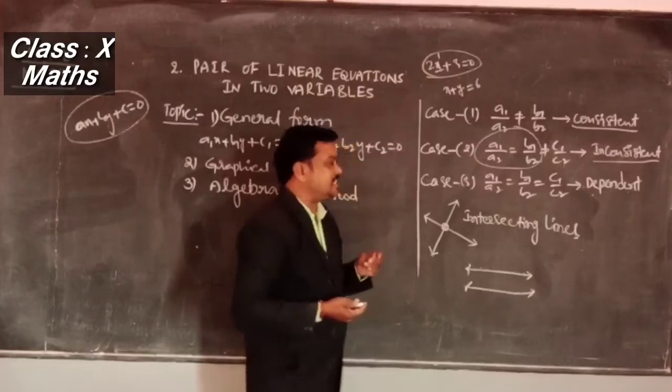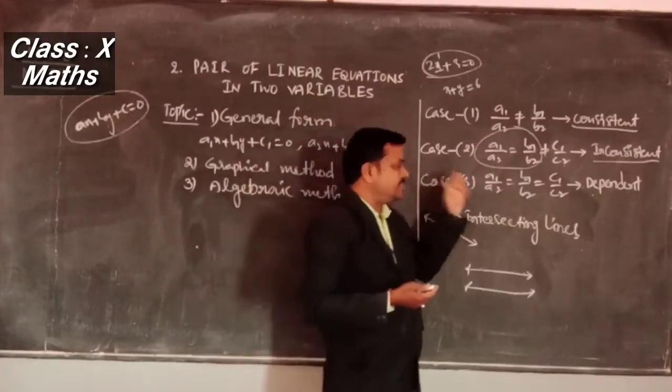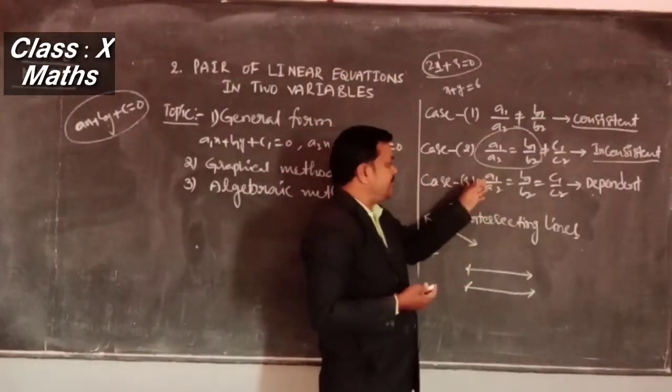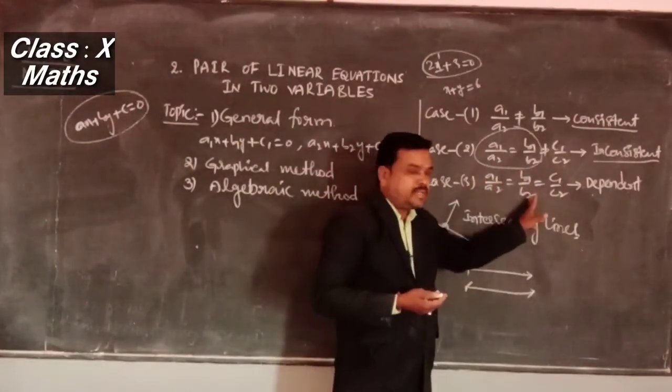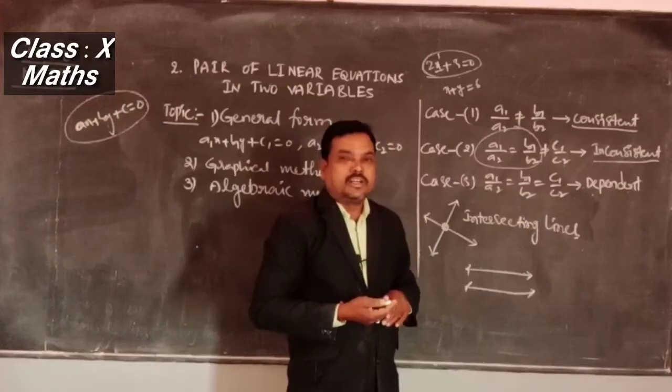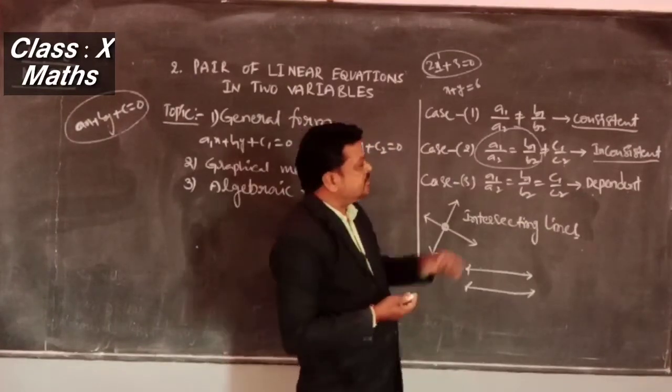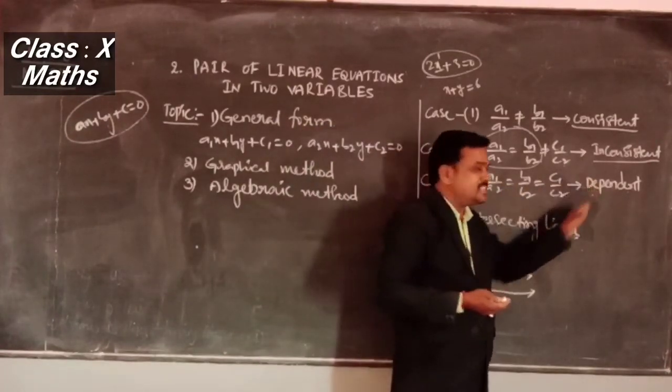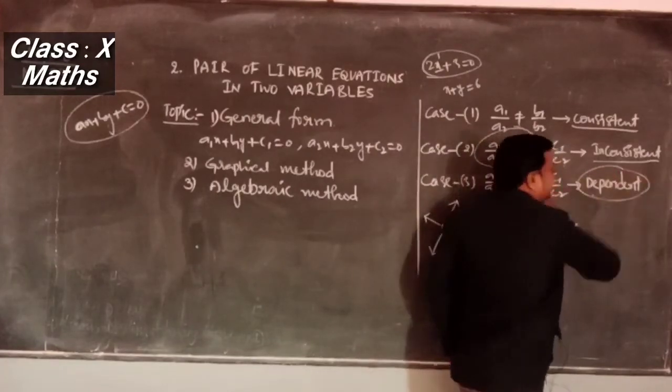What is the third situation? In the third situation, a1 by a2 is equal to b1 by b2, which is equal to c1 by c2. All the ratios are equal in the two linear equations. Then the pair of linear equations is dependent.